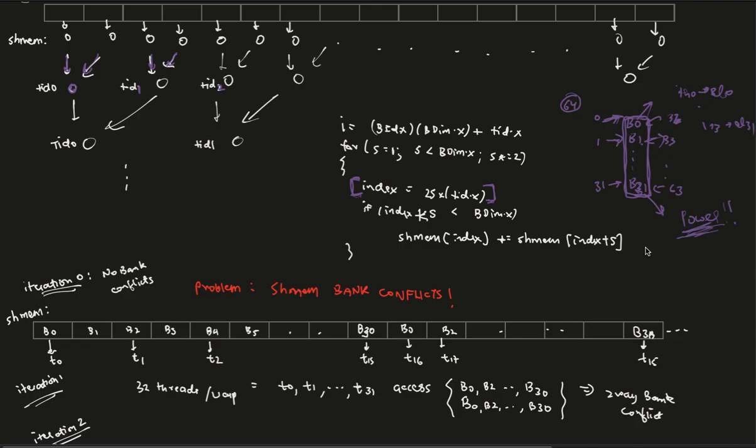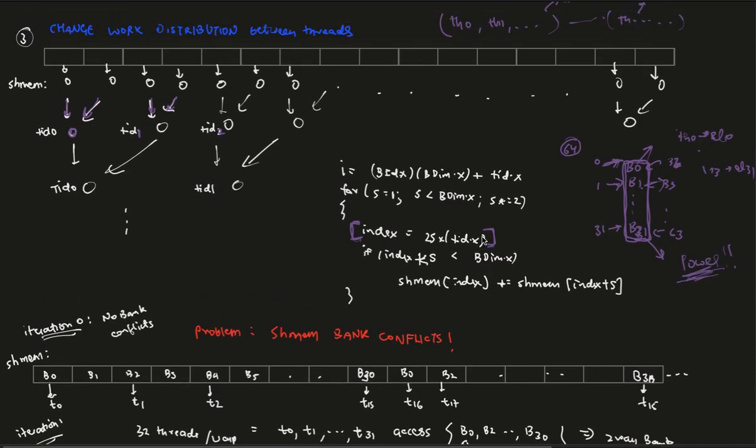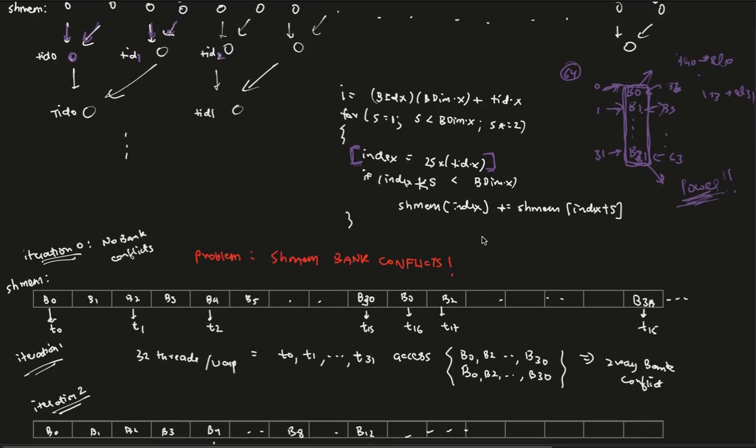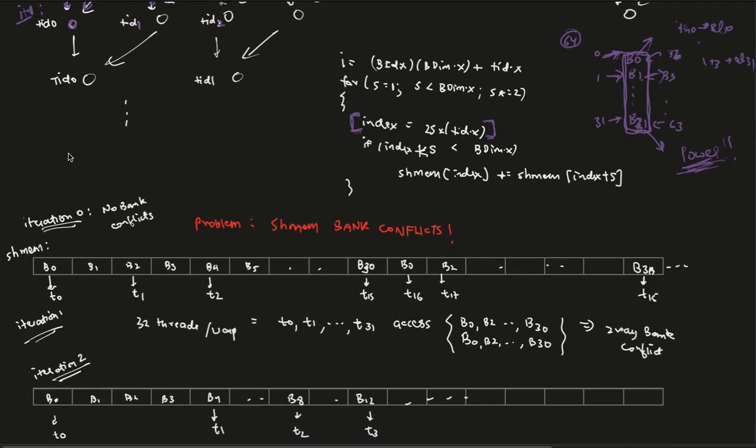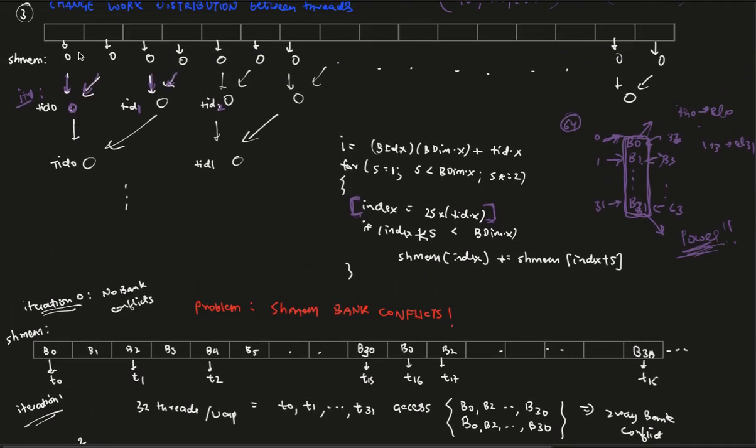But the problem with our current way of accessing data from shared memory is this. This is iteration 0, and this is iteration 1. In iteration 0, each thread loads one element from global memory to shared memory.